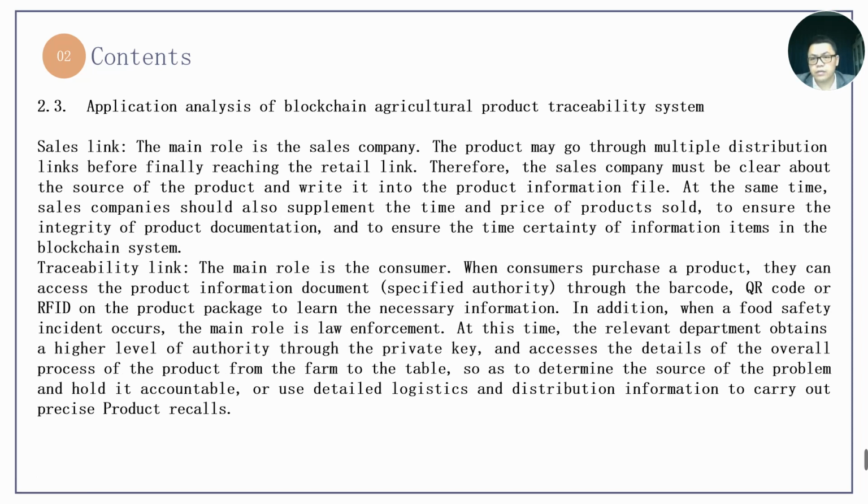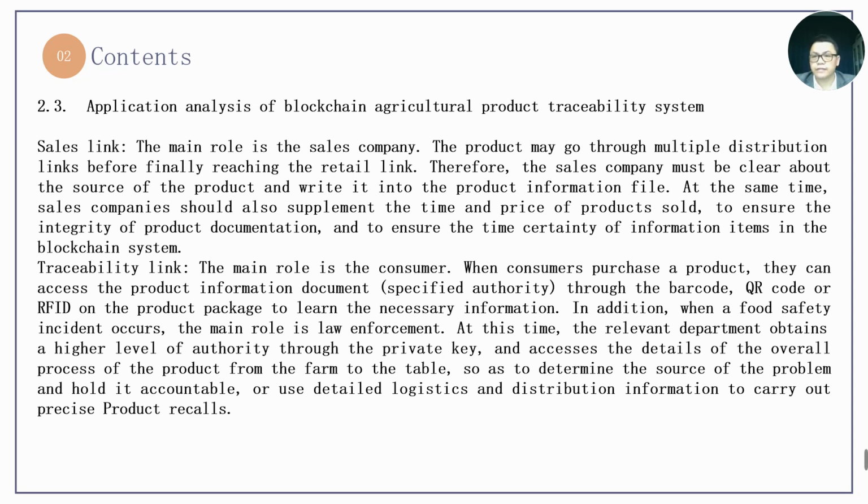Sales link. The main role is the sales company. The product may go through multiple distribution links before finally reaching the retail link. And therefore, the sales company must be clear about the source of the product and write it into the product information file.